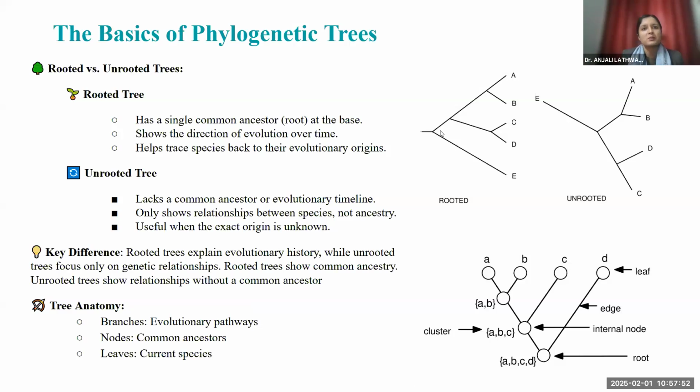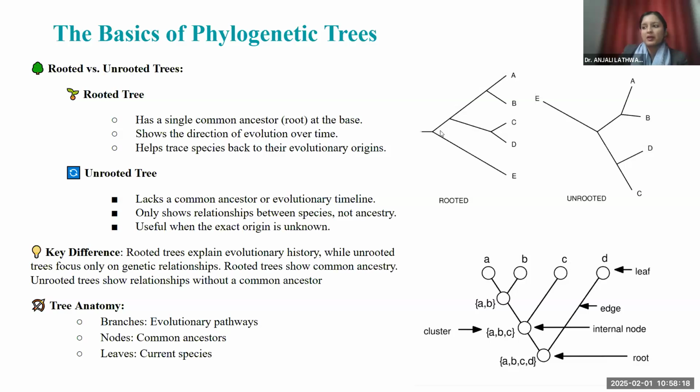It helps you trace back to the evolutionary origins basically. Now, unrooted trees lack a common ancestor, but they do show the relationship between these species, not ancestry per se. So the main key difference is that rooted explains evolutionary history, while unrooted mainly focuses on genetic relationships.